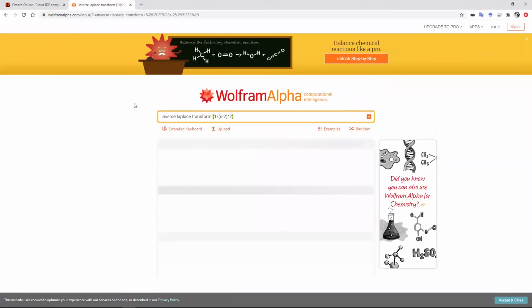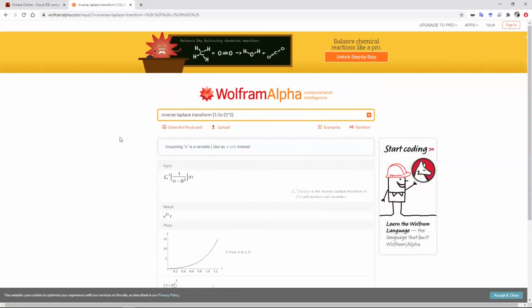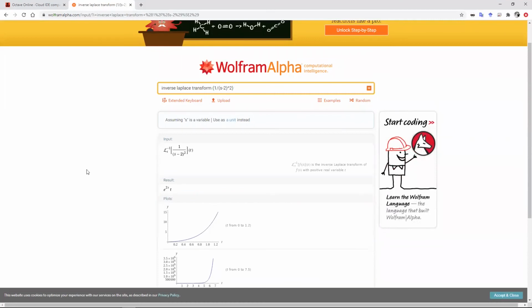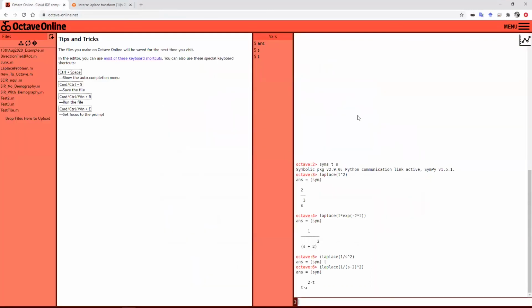Let's see if it can do that. Okay, and it gives us the correct answer there. So using these online tools, we can actually calculate Laplace and inverse Laplace transforms for simple cases. So that is definitely worth knowing. You can also check your assignment solutions, for example.